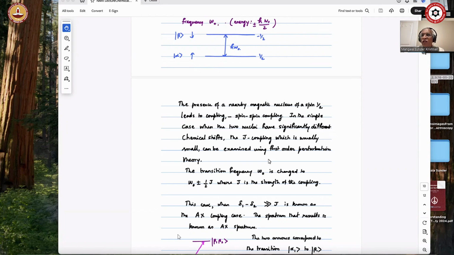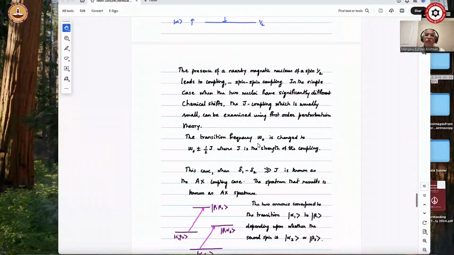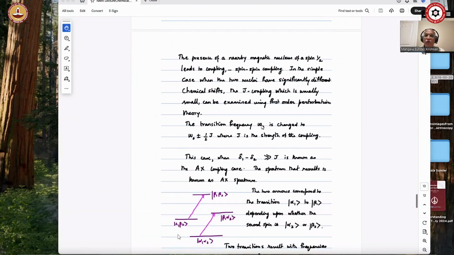It only calculates corrections to the energies due to this perturbation. The perturbation is the coupling between the two spins. So the transition frequency of any spin, omega naught, is changed to two values, omega naught plus or minus half J.